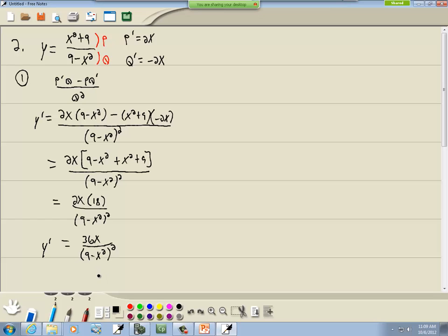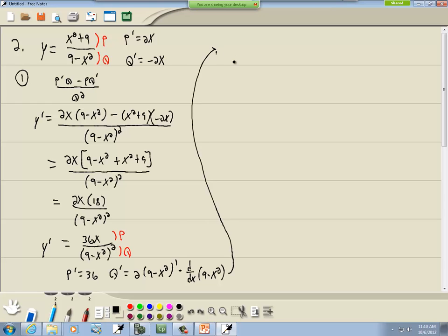Now let's find our second derivative. Quotient rule again. This will be p and this will be q. P prime will be 36. And q prime, this is the chain rule. We got parentheses to a power. So take the power, put it out in front. What's inside the parentheses remains as is. Lower your power by 1, and then you multiply it times the derivative of what's inside the parentheses. Okay.